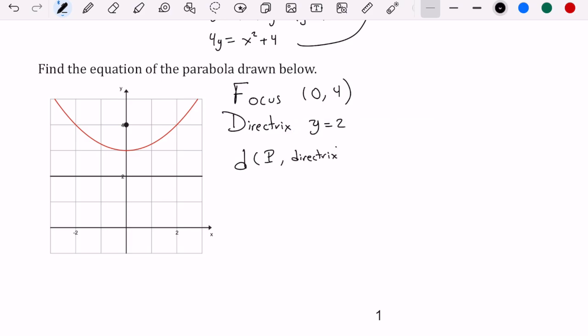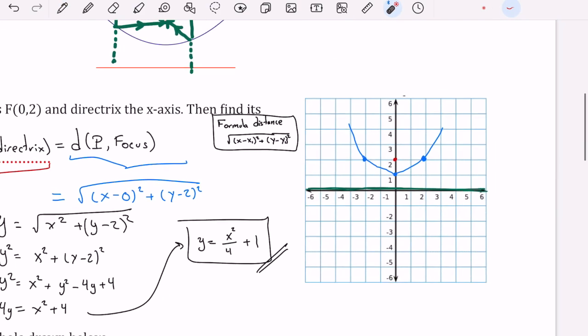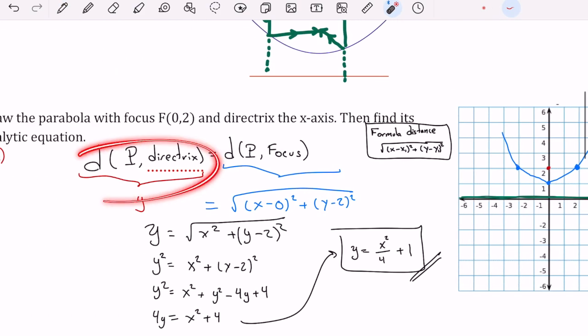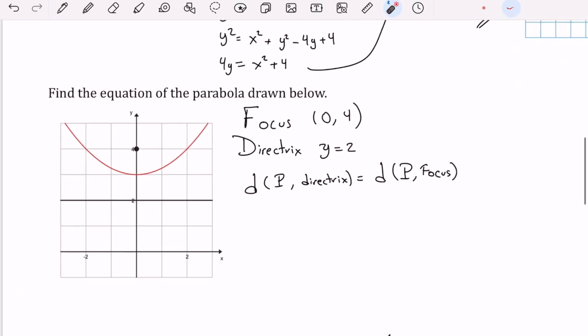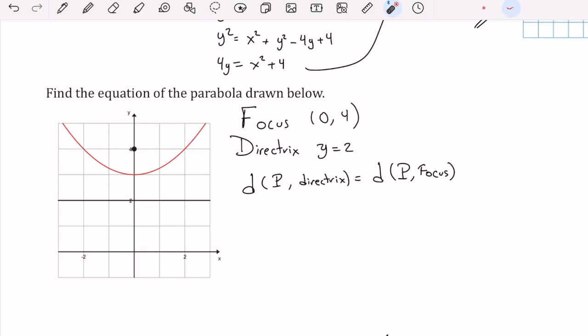Okay, so let us investigate what this is, because that was the hard part here. What is the distance from a point to this directrix? So I have the directrix here. What is the distance from the point (1, 0) to this directrix? The point (1, 0) is at a distance of 2.